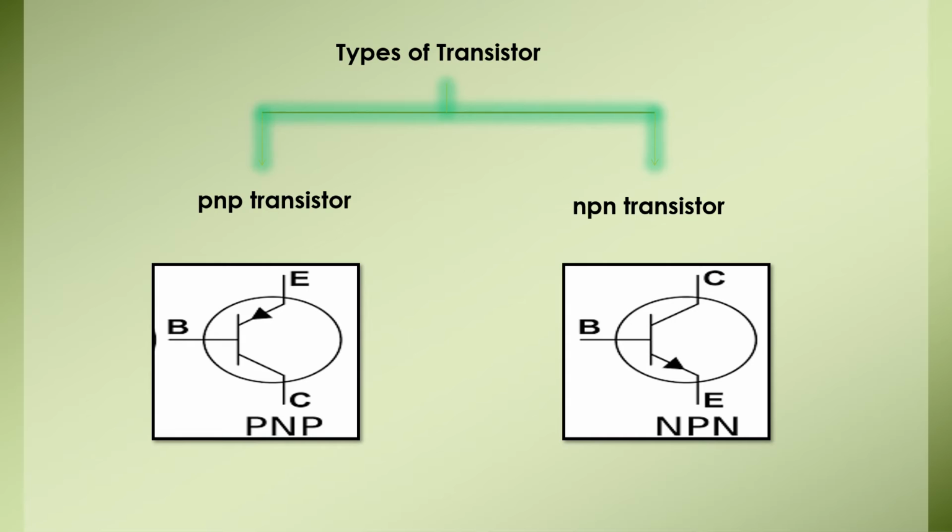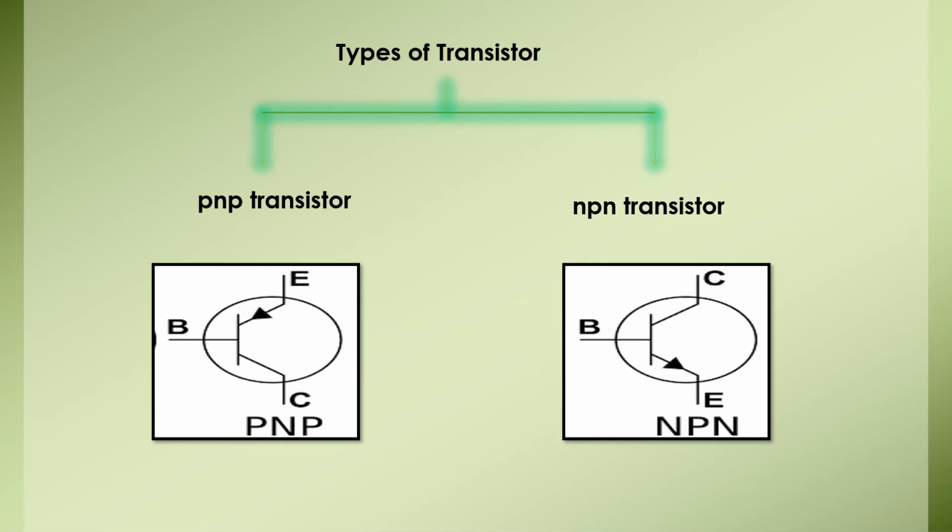In the case of the NPN transistor, the collector terminal means n-type semiconductor, the base means p-type semiconductor, and the emitter means again a second n-type semiconductor.